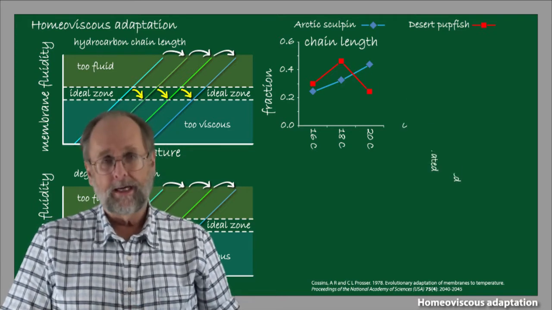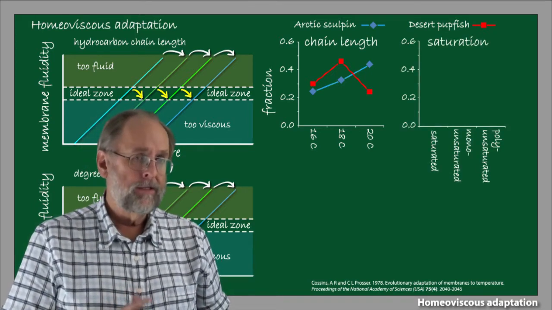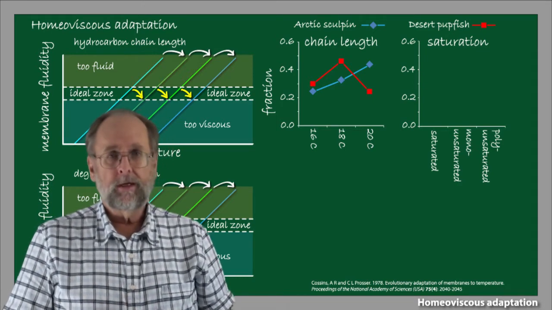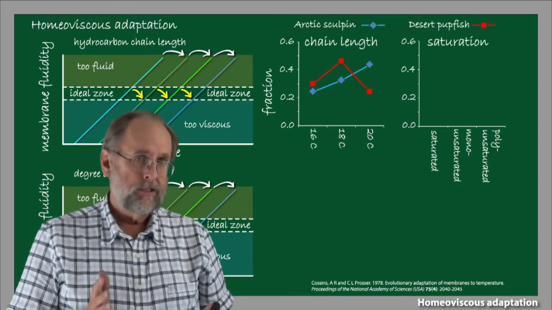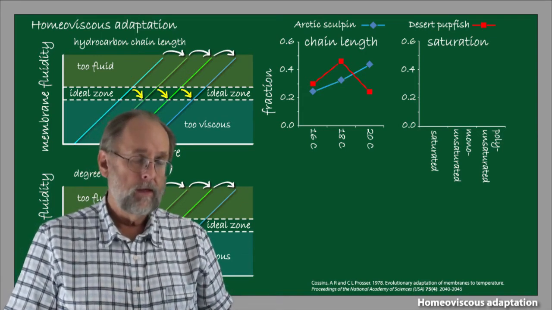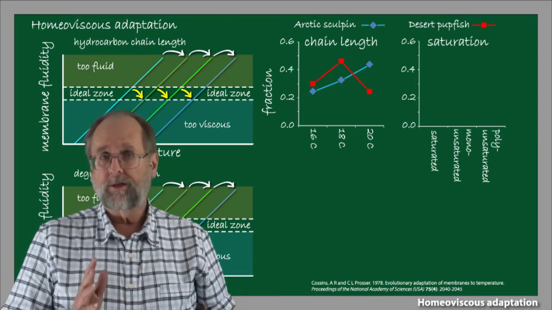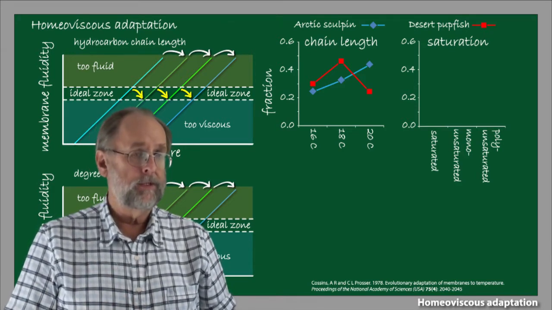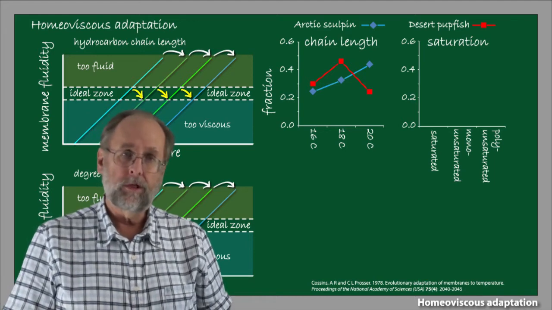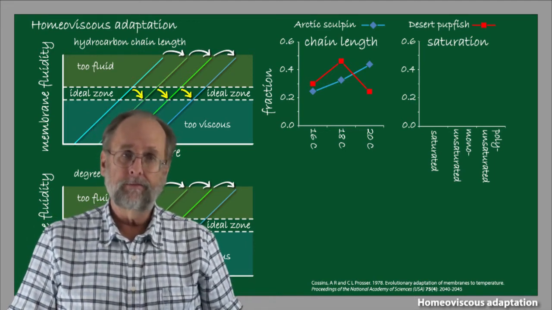Okay, what about saturation? Here, the data conform more to our prediction. We're looking here at three classes of saturation. Saturated, that is, with no double bonds whatsoever. Monounsaturated, in which there's one double bond in the hydrocarbon chain. And polyunsaturated, in which there are multiple double bonds in the hydrocarbon chain.